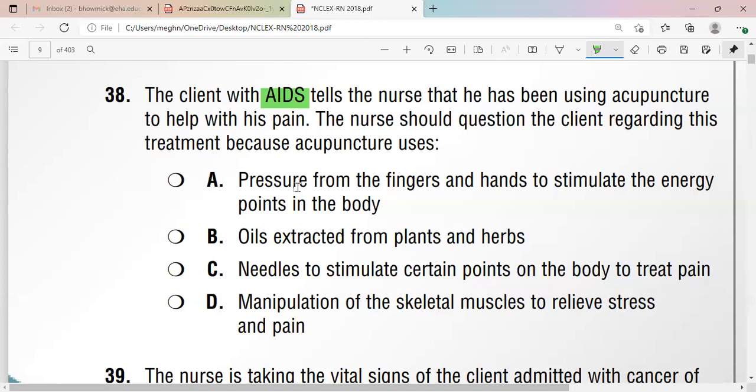Number A, pressure from fingers and hands to stimulate the energy points in the body. Number B, oils extracted from plants and herbs. Number C, needles to stimulate certain points on the body to treat the pain.